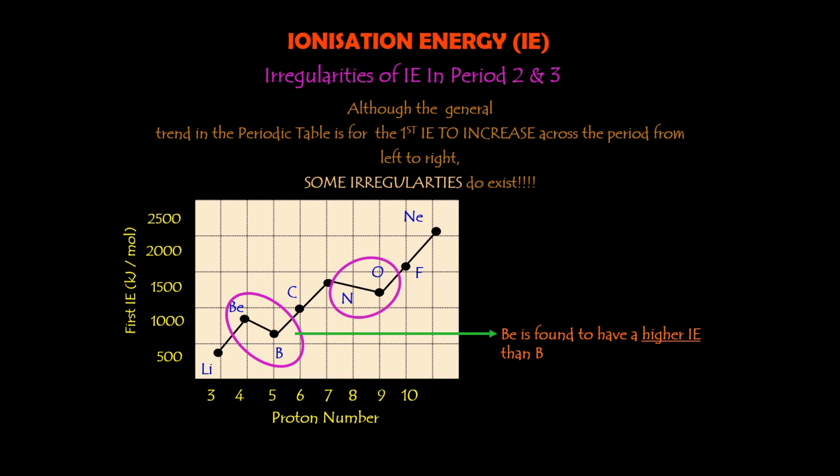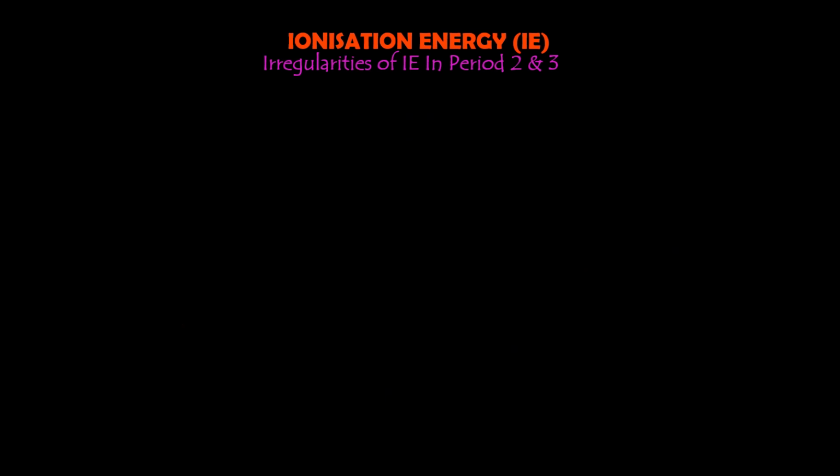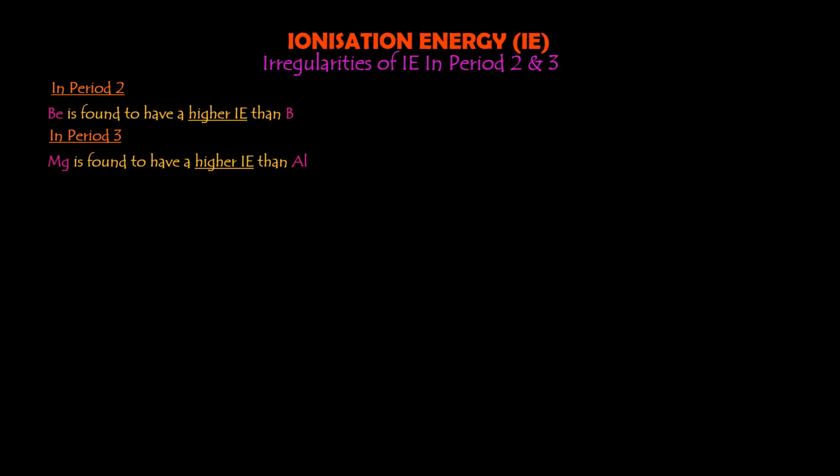The same thing happened between nitrogen atom and oxygen atom, in which nitrogen atom with a proton number of 7 has a higher first ionization energy than that of oxygen. In period 2, beryllium is found to have a higher first ionization energy than boron, while in period 3, magnesium is found to have a higher first ionization energy than aluminium.